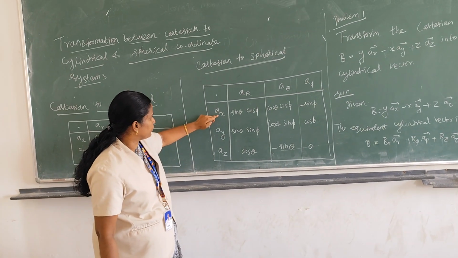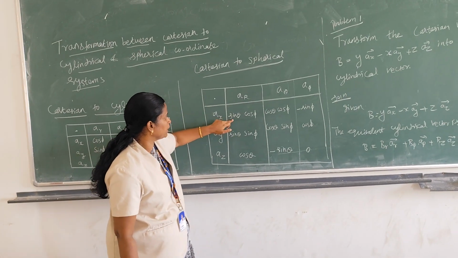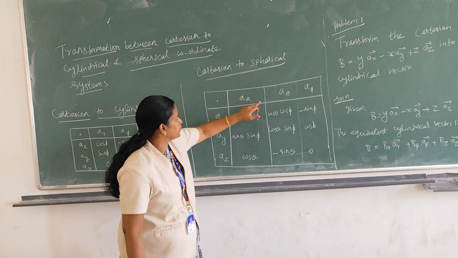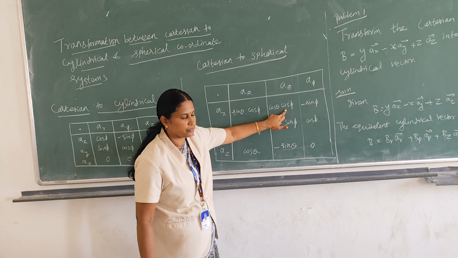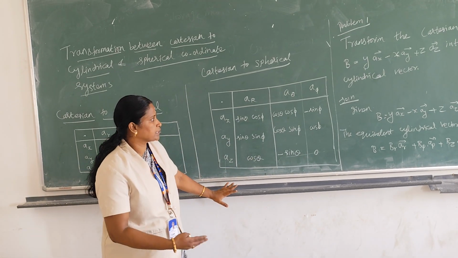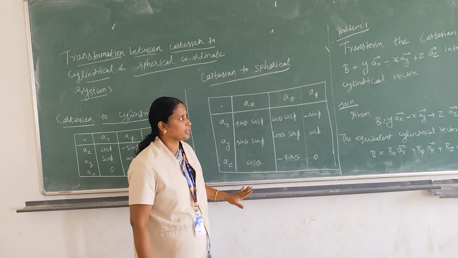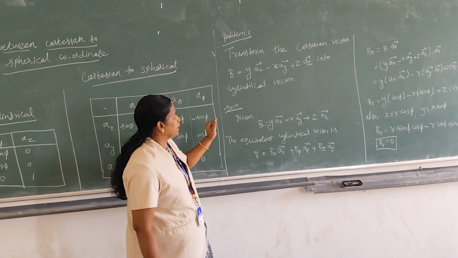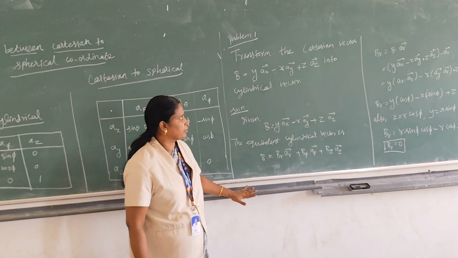Ax dot AR means we have to replace that by sin theta cos phi, and Ax dot A theta means we replace it by cos theta cos phi. Like that we have this table, and we can convert from Cartesian to spherical. So let us discuss one problem regarding the transformation of a Cartesian to a cylindrical vector.